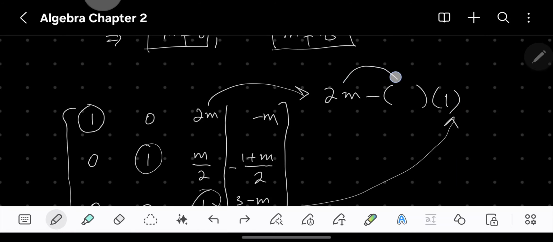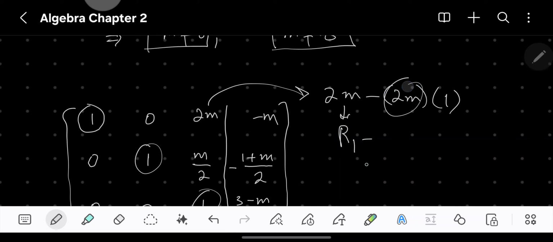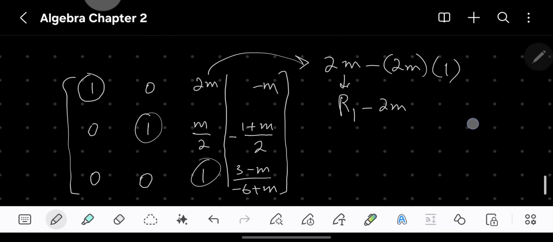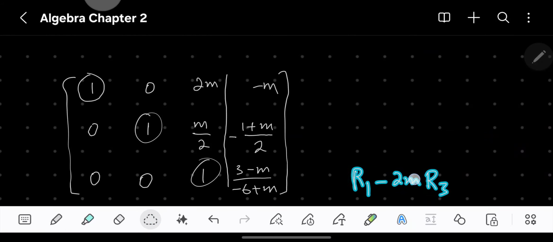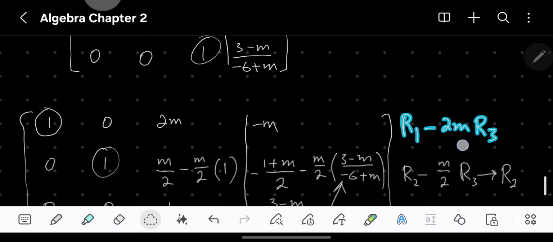It's obvious that I should put the same thing here. 2m. So this 2m is coming from R1 minus this 2m is coming from the scalar. I will write 2m. And this one is coming from the pivot, and the pivot is in R3. So I will write R3. So this is the operation I will perform in R1. Okay, let's perform this operation in R1.